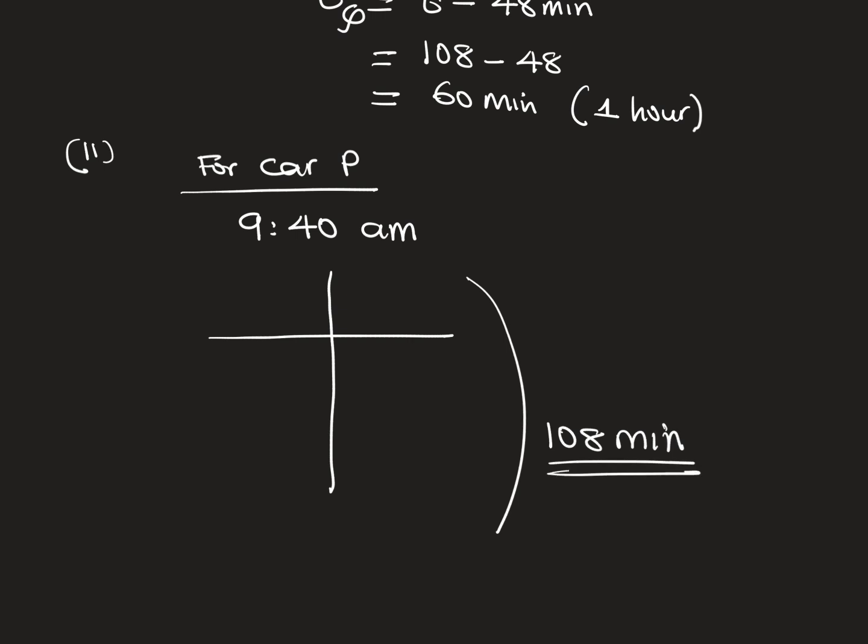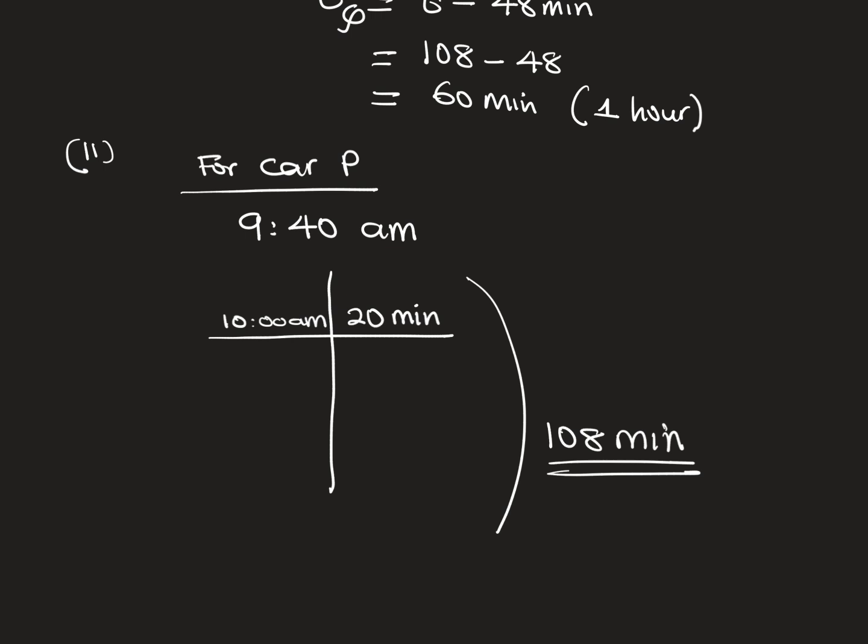So let's work with that. Time is 9:40. To make it 10, I just need 20 minutes from the 108, right? That is 20 minutes. Then it will be 10 a.m.